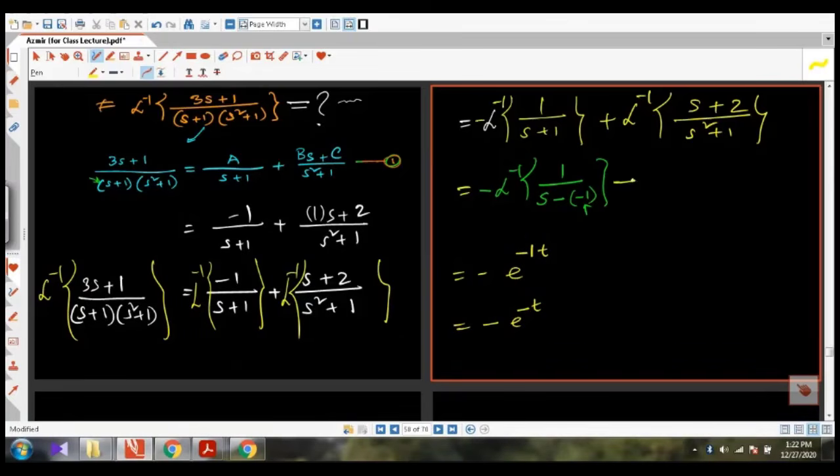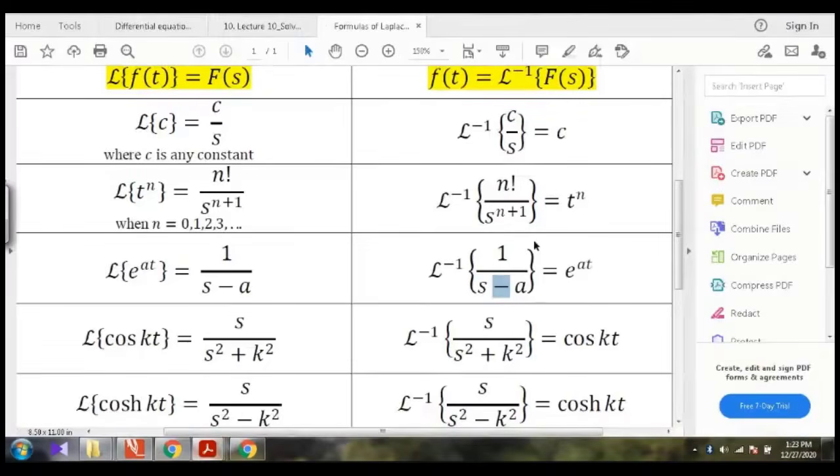So let's think about the second one. Here you can see that we have s plus 2 over s squared plus 1. In the upper part we have s plus 2, but in the lower part s squared plus 1. So 1 can be thought of as 1 squared. We have s squared plus k squared, s squared plus 1 squared, like that.